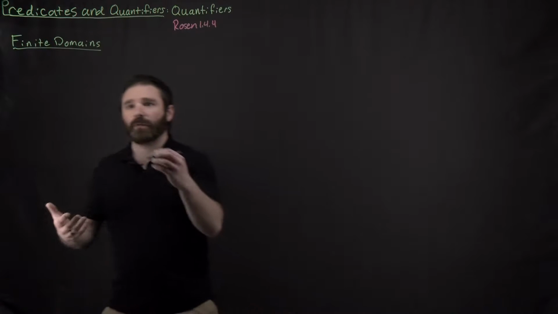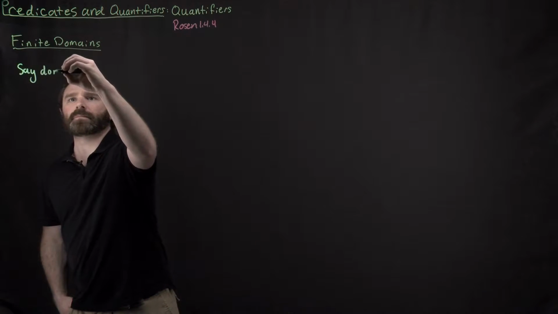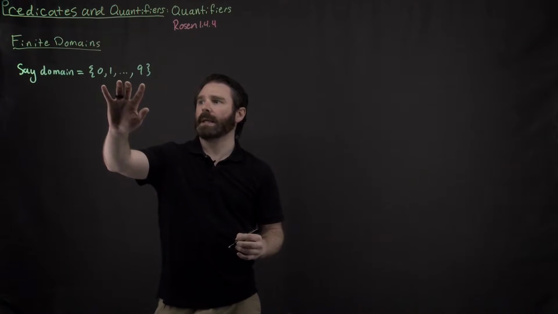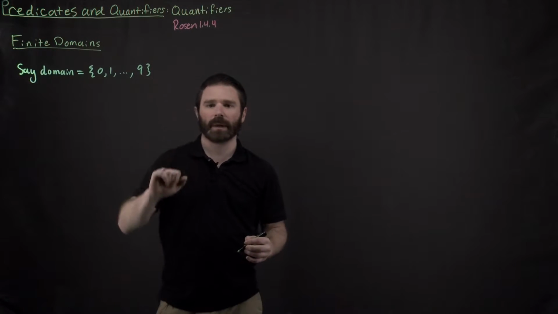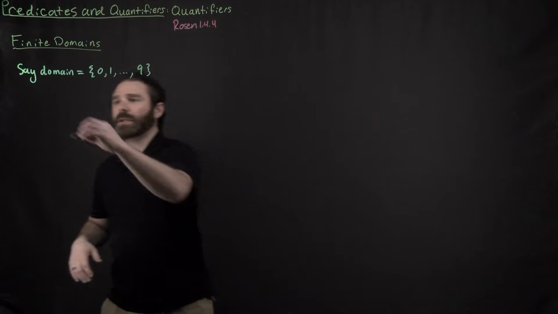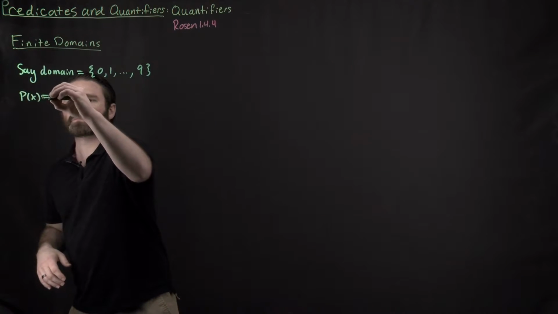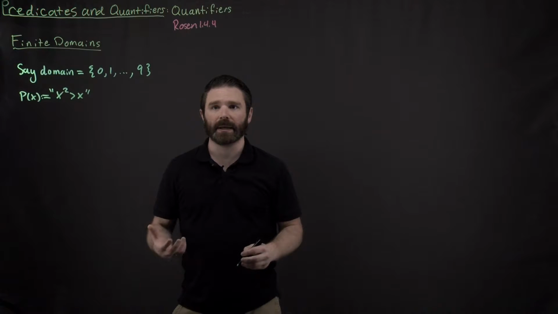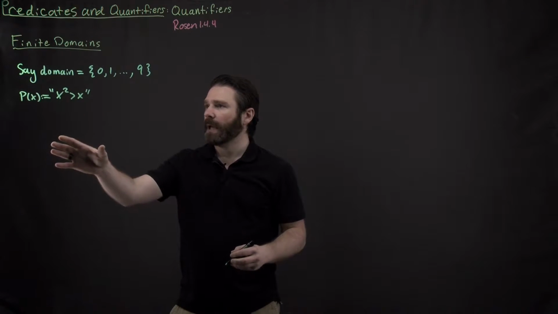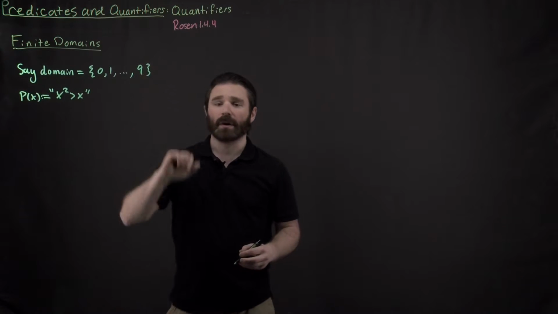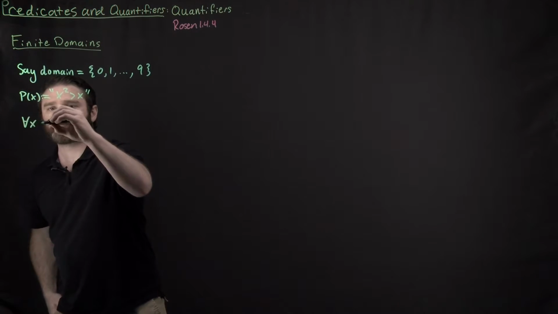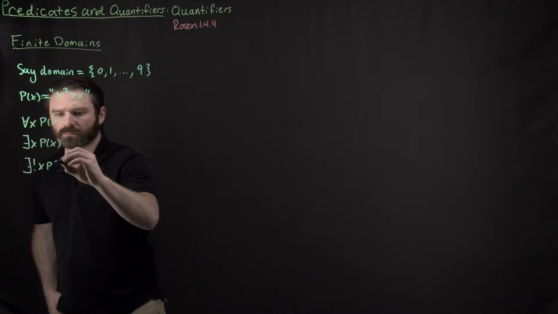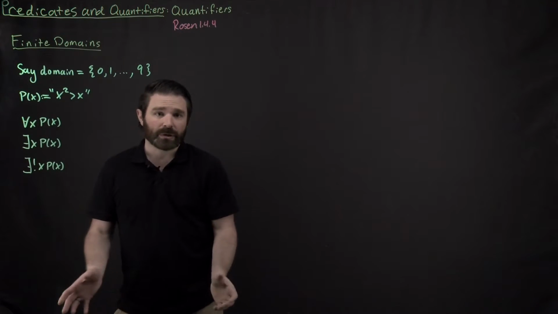So for example, if we had our domain being the integers 0, 1, 2, 3, all the way up to 9, and our propositional function being our favorite example, x squared is greater than x, then we can actually determine the truth value of the quantifier statements simply by writing a short little program.